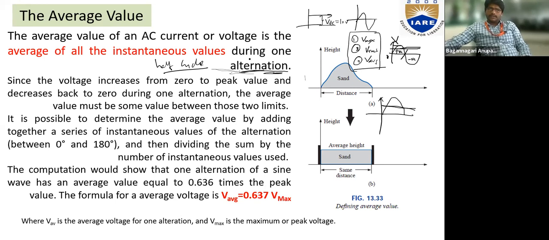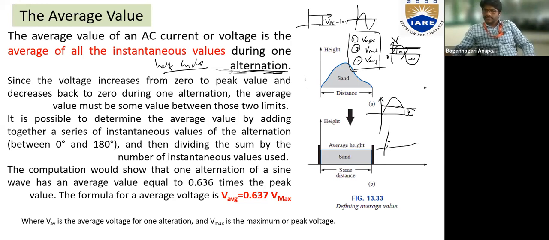So it is possible to determine the average value by adding together a series of instantaneous values of an alternation between 0 and 180 degrees, and then dividing the sum by the number of instantaneous values used. So how do you get to this value? If you want to get a constant average value, how can you calculate it?